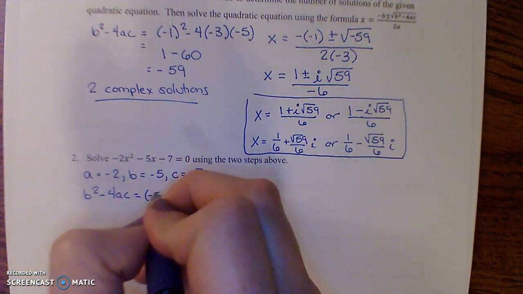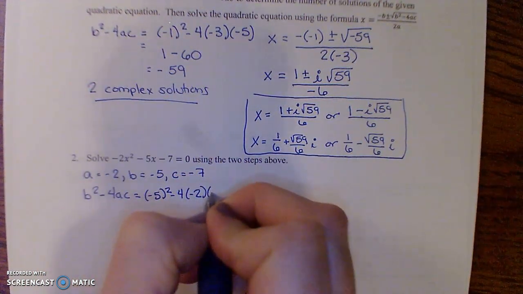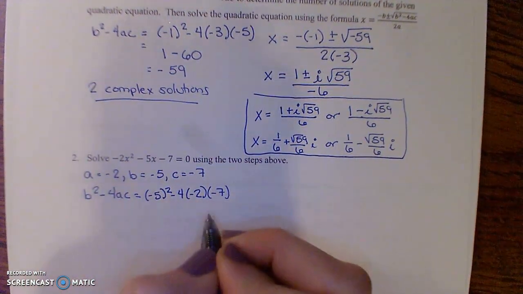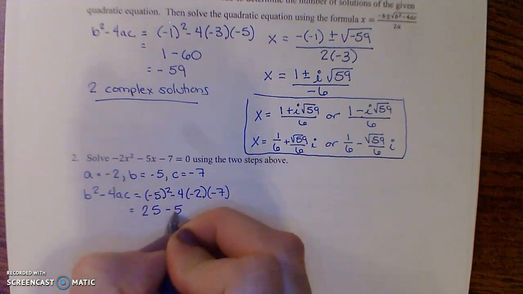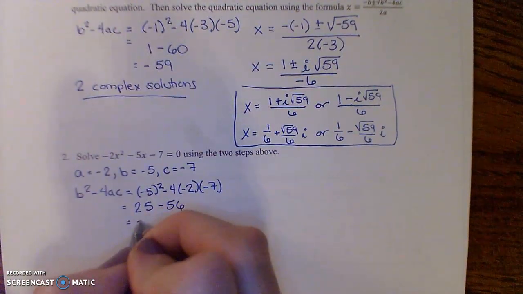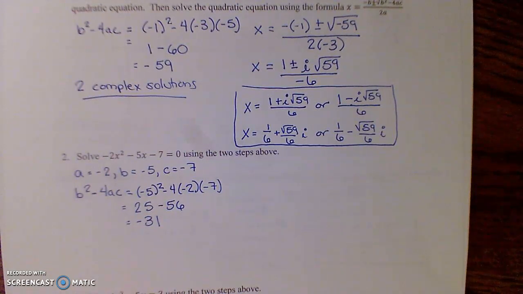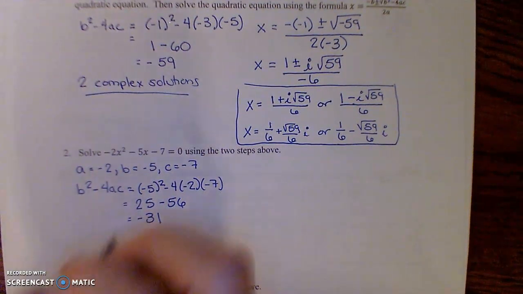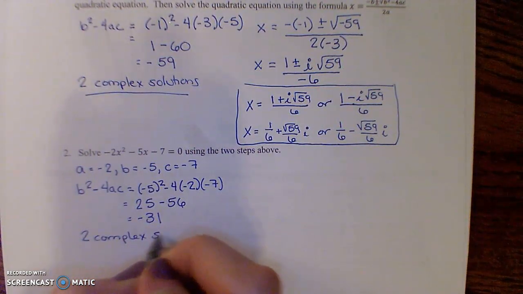So we've got -5 squared minus 4 times -2 times -7. What does this become? 25 minus 56, or -31. Again, notice I'm going to have two complex solutions here.